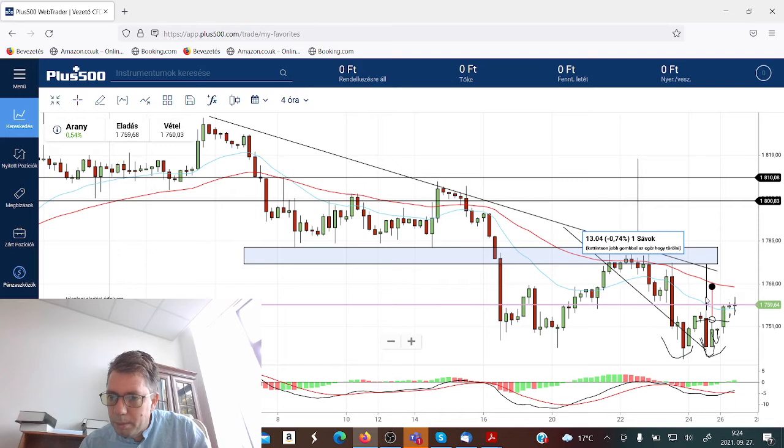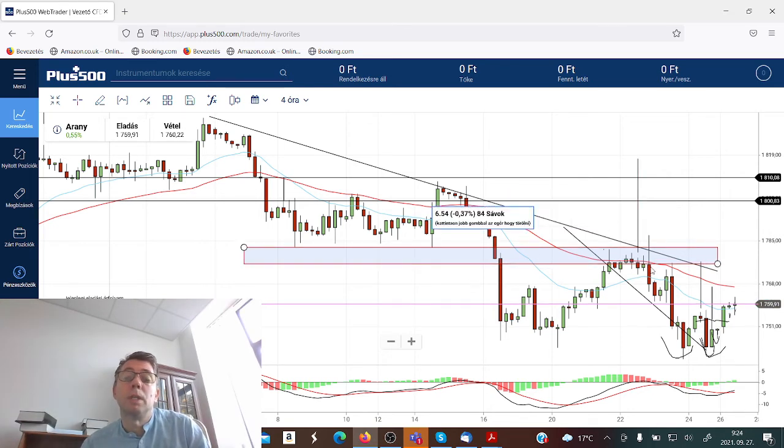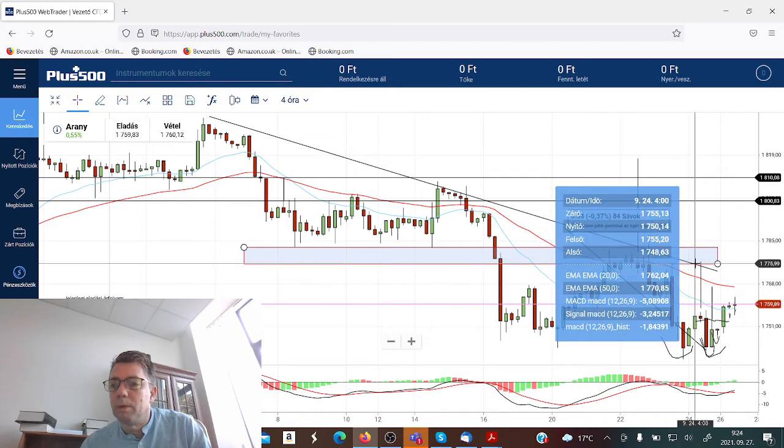And of course we can measure this one, and I think I have measured it. Yeah, from the top to the bottom. That's it. And let's put it here, and we are right at this resistance area, which we need to break above to say that we are going to go long further on.